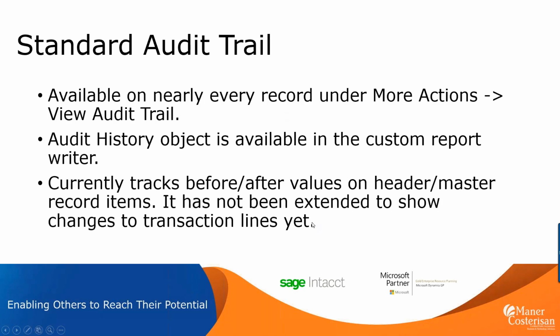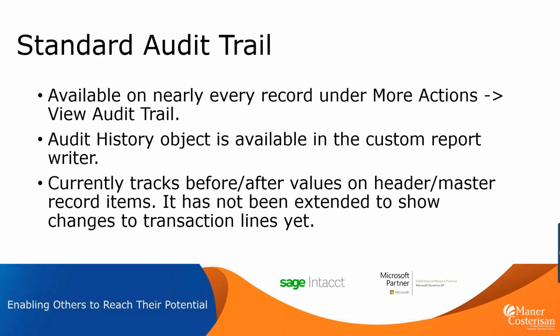And I did want to make a note. This is kind of restating what I talked about earlier, but I wanted to make sure this got on the slides. Currently, the audit trail tracks before and after values on just header fields or master record items.